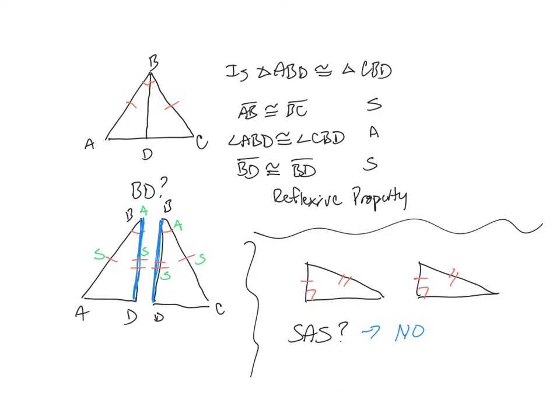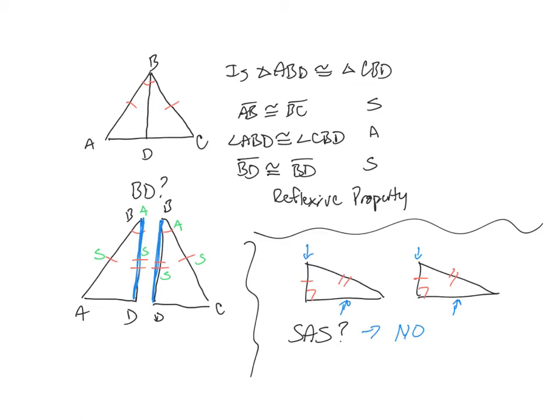It's separate. Okay? So you might have an angle and two sides labeled congruent, but in order for this to be side, angle, side, the angles at the top would have to be marked congruent, or this bottom side would have to be congruent instead of the diagonal or the hypotenuse side.